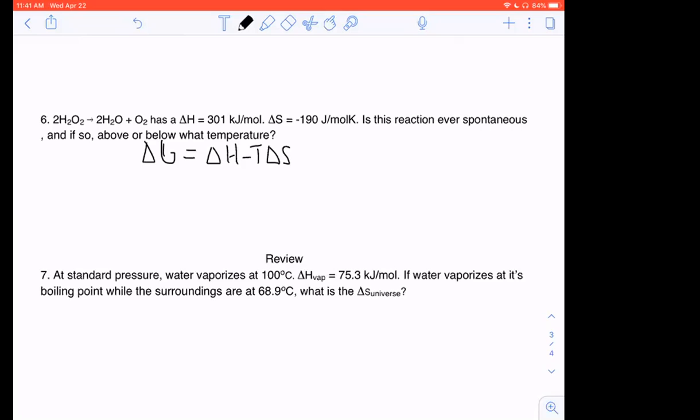This one is kind of a trick question in a way, but you should still be able to figure it out.